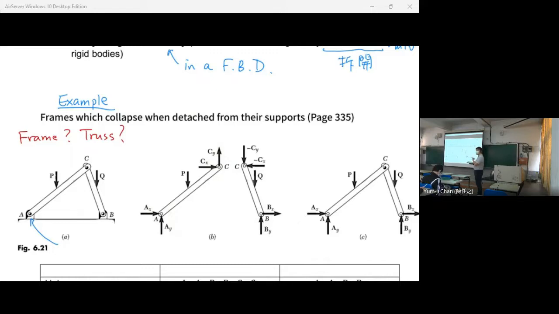So this is a pin support. So we have forces at C and at A, and we also have force at this point P. So this is a multi-force body. So this is a frame, this is not a truss.